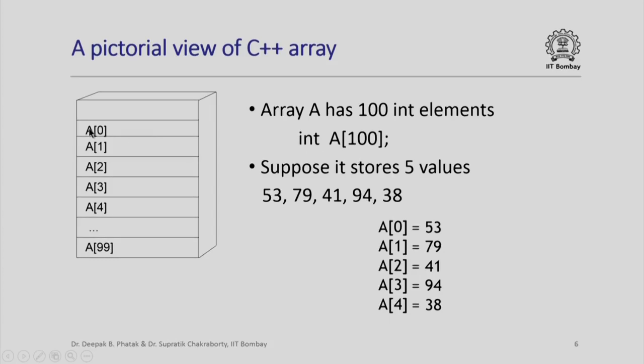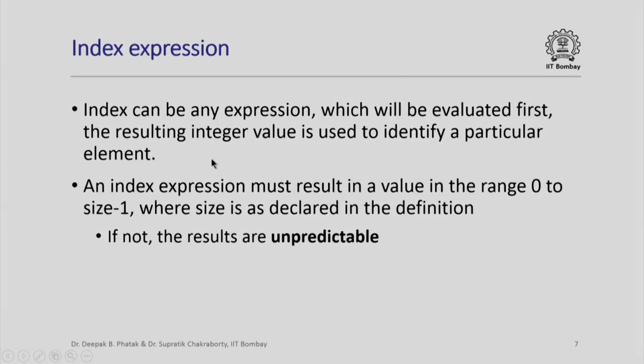Subsequently, whenever I write anything inside square brackets and associated with the array name, it always means a particular element of the array. The index can be any expression. That index is first evaluated, and the resulting integer value is used to identify a particular element. An index expression naturally must result in a value in the range 0 to size minus 1.